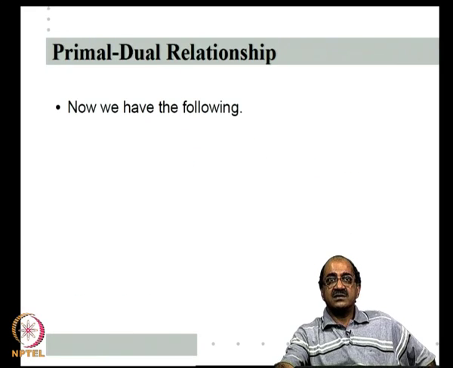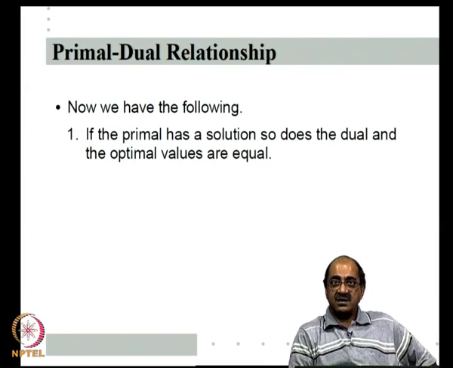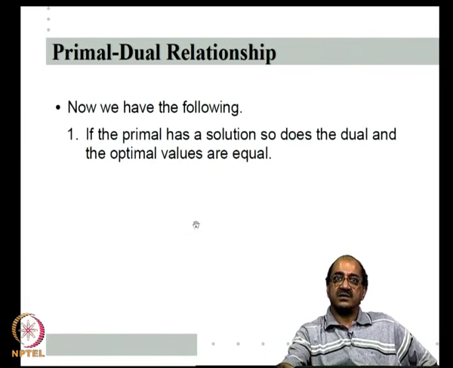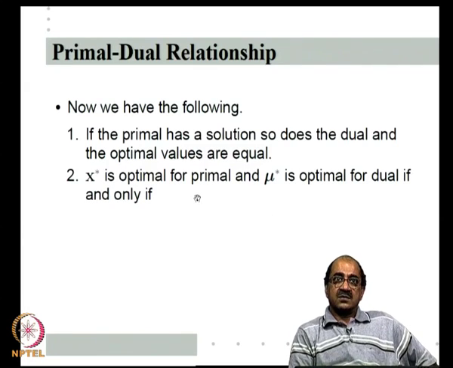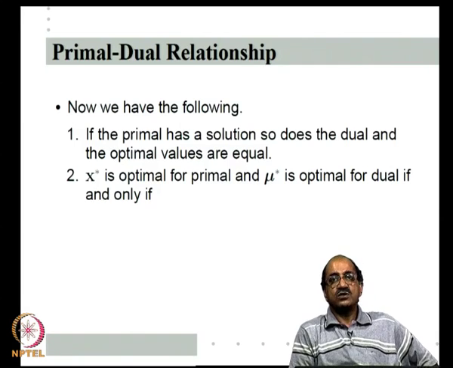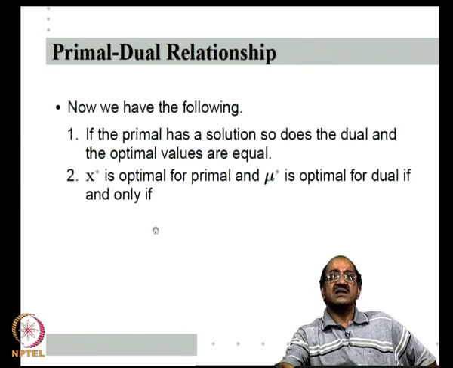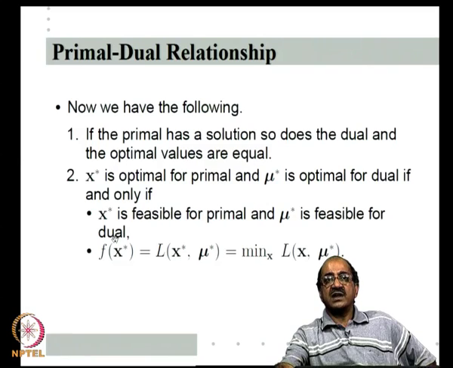What the theorem says is that if the primal has a solution x star, then there will also be a mu star, which is the solution of the dual, and f(x star) will be equal to q(mu star). The optimal values are equal. Two, for x star to be an optimal solution for the primal and mu star to be optimal for the dual, these are the necessary and sufficient conditions. x star is optimal for the primal and mu star is optimal for the dual if and only if two conditions are satisfied.